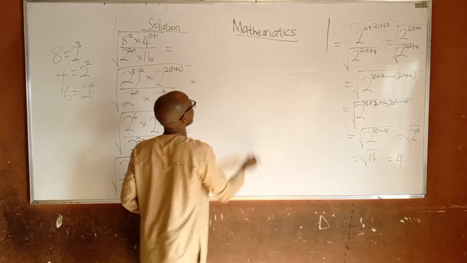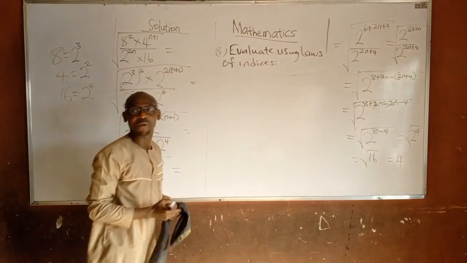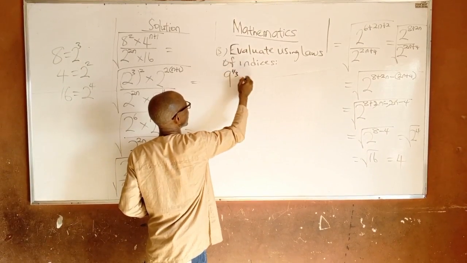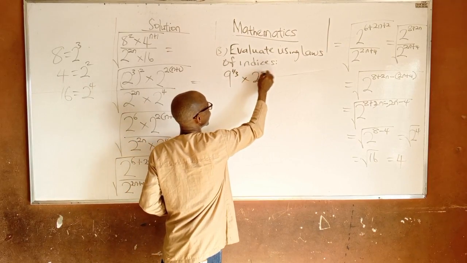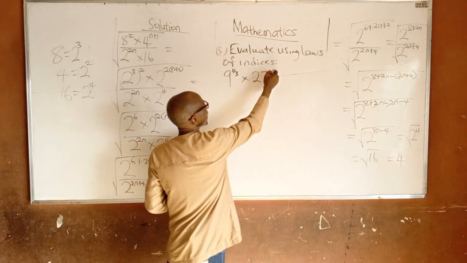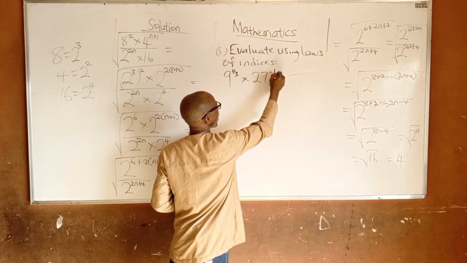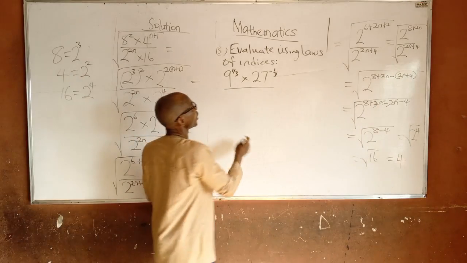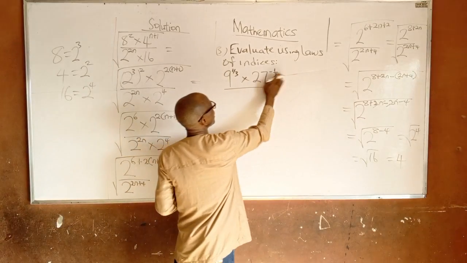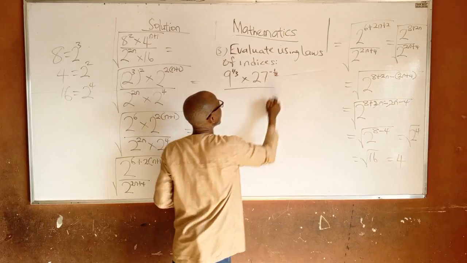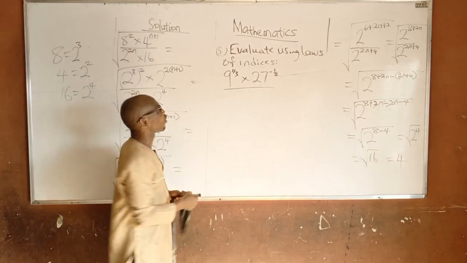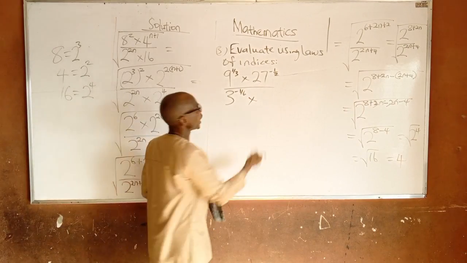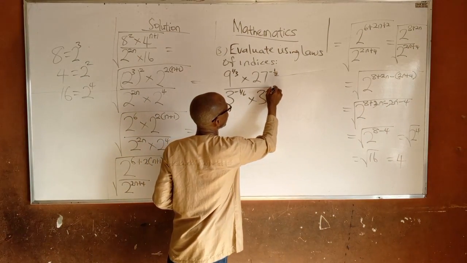Let's look at this question number 3. You have to evaluate using the laws of indices. 9 raised to power 1 over 3, times 27 raised to power minus 1 over 3, and let me say 1 over 2, then we say all over 3 raised to power minus 1 over 6 times 3 raised to power minus 2 over 3.